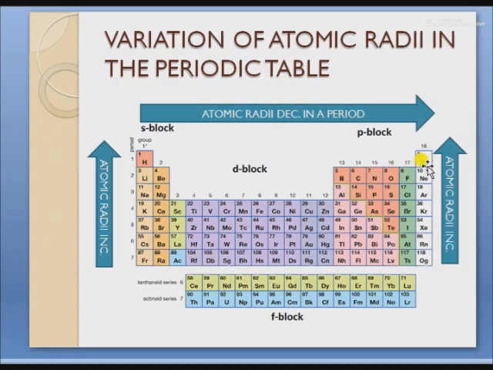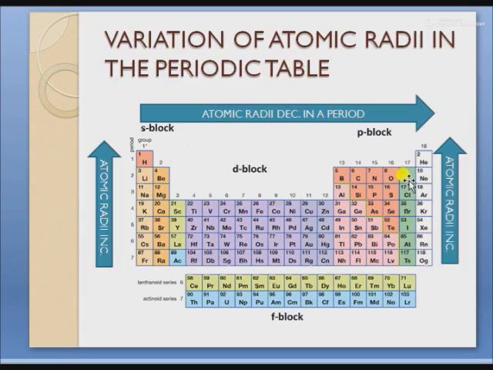And in case of noble gases, they have larger size than those of the halogen atoms. According to the increased nuclear charge, they should have reduced size, but unexpectedly they have larger size than the halogen atoms.